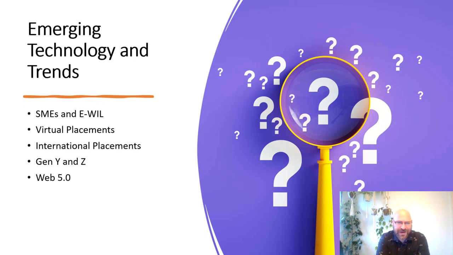And so virtual placements, by default, have been put center stage. Most of the students that I was engaged with during COVID-19 obviously were on virtual placements, working from home, and we've learned some real key lessons about how to make this rich for them, and that this could be another alternative offer in terms of work integrated learning provision.